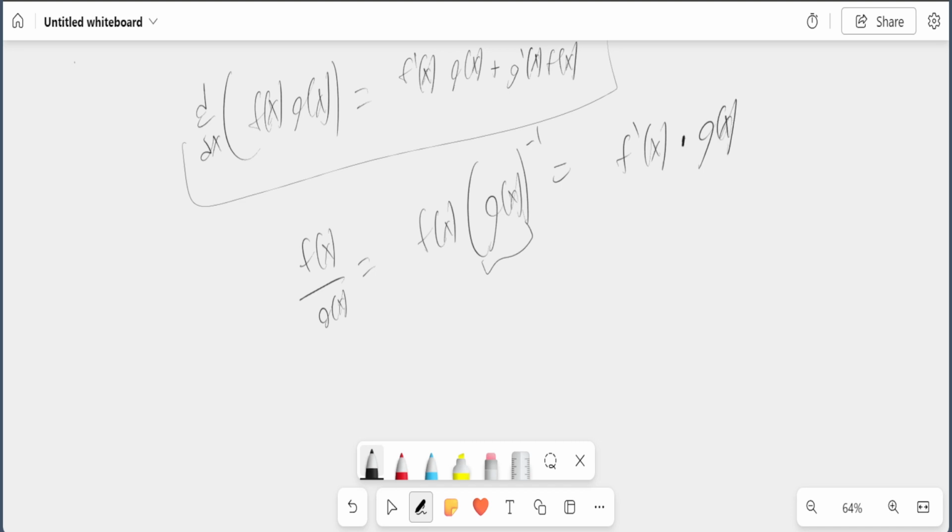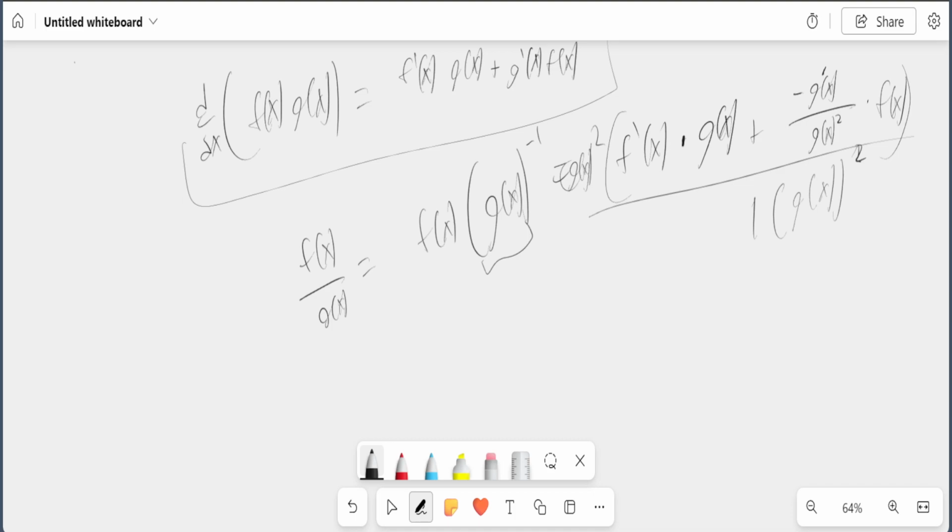So f prime of x times g of x plus negative g prime of x over g of x squared times f of x, right? And then you multiply the top and bottom by g of x squared, right?